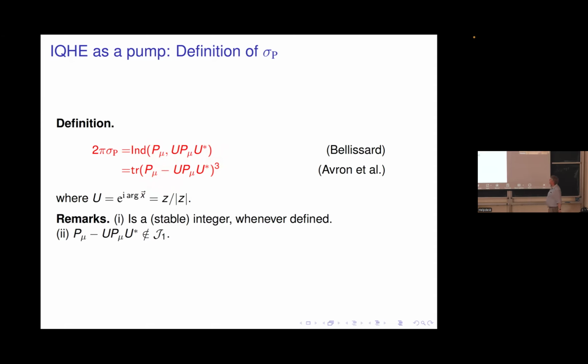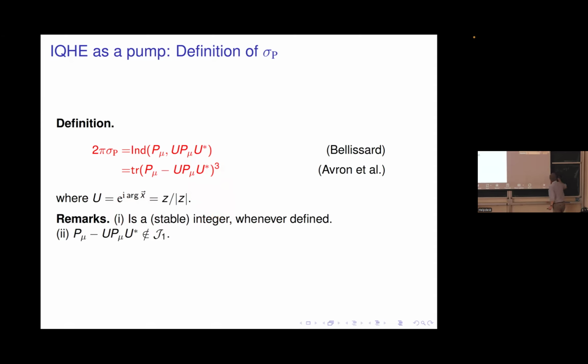This goes back to Nisar, and was then rediscussed in some different language by Arbor and others. And they notice that it can be written as a trace of the difference, provided the power is off, as in general. Here is again the U, which can also be written as the trace of the complex number.